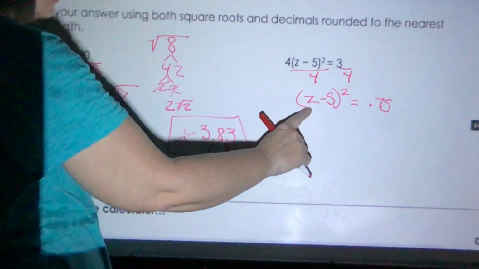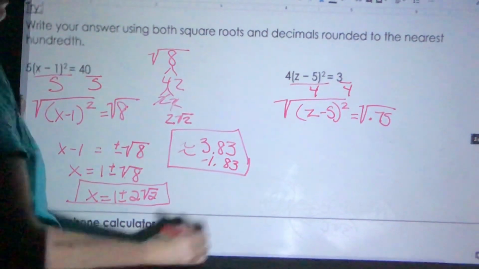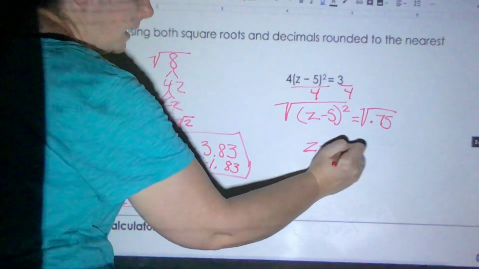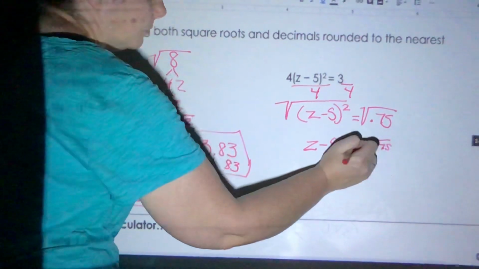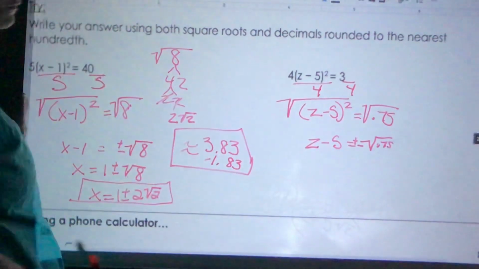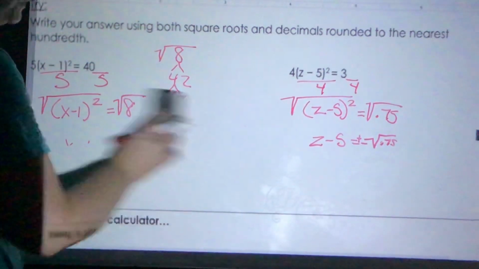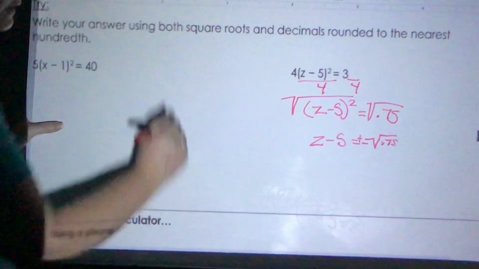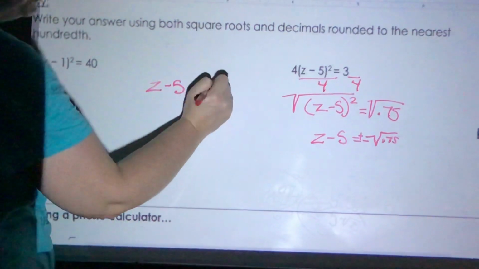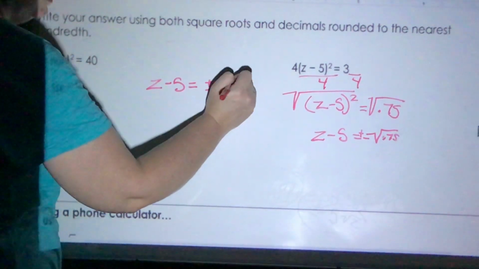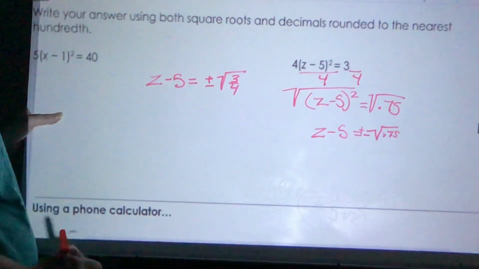Now I'm going to square root both sides, and I would get z minus 5 equals positive or negative square root of 0.75. When I do my decimals, I'm going to use 0.75. For my simplified radical form, I'm going to use the 3/4, so I'll write that one over here. I would have z minus 5 equals positive or negative square root of 3/4. I need to finish off both of these and then simplify them.